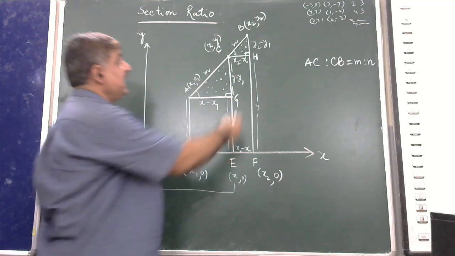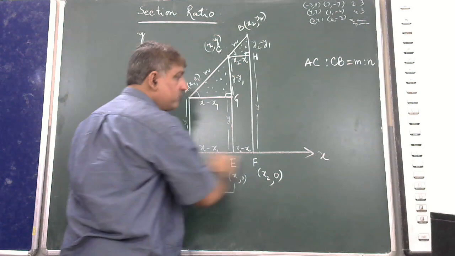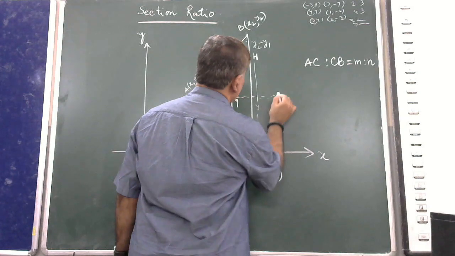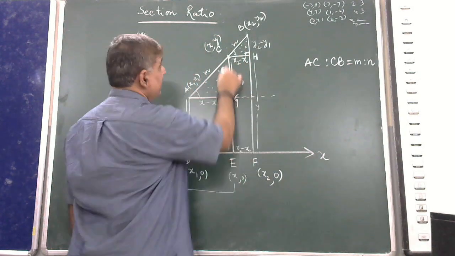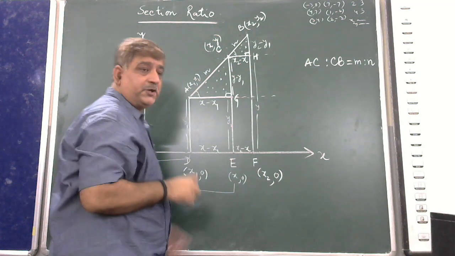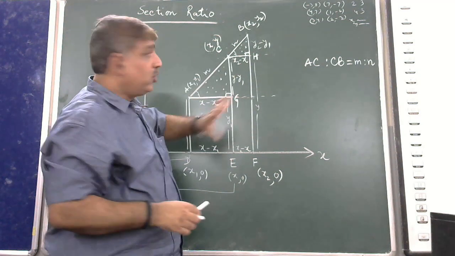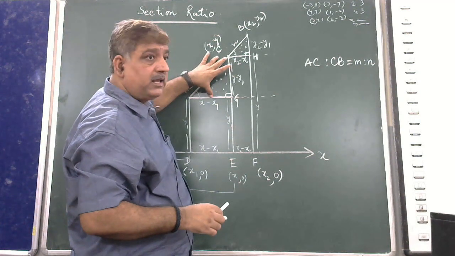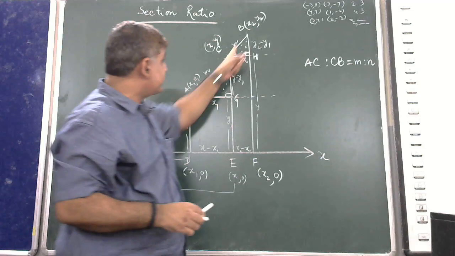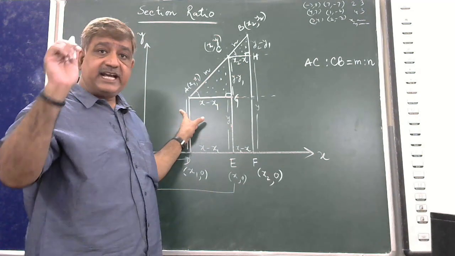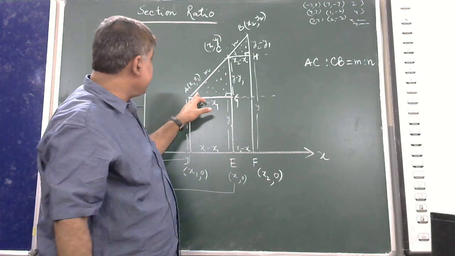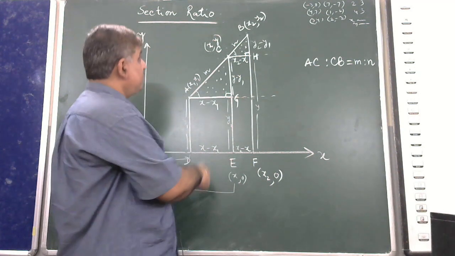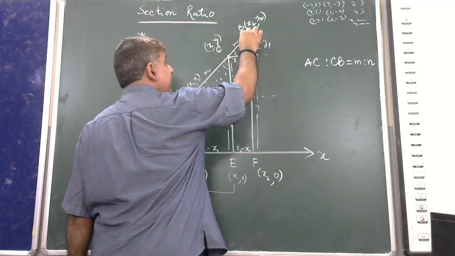As you see here, this line is perpendicular on the x-axis and this one is also perpendicular, so the two lines are perpendicular on the same line. Therefore, they must be parallel. For two parallel lines, this one is a transversal. So in class 9 and 10, you have done that this angle is equal to this angle, the corresponding angle. And similarly, this angle is equal to this angle.